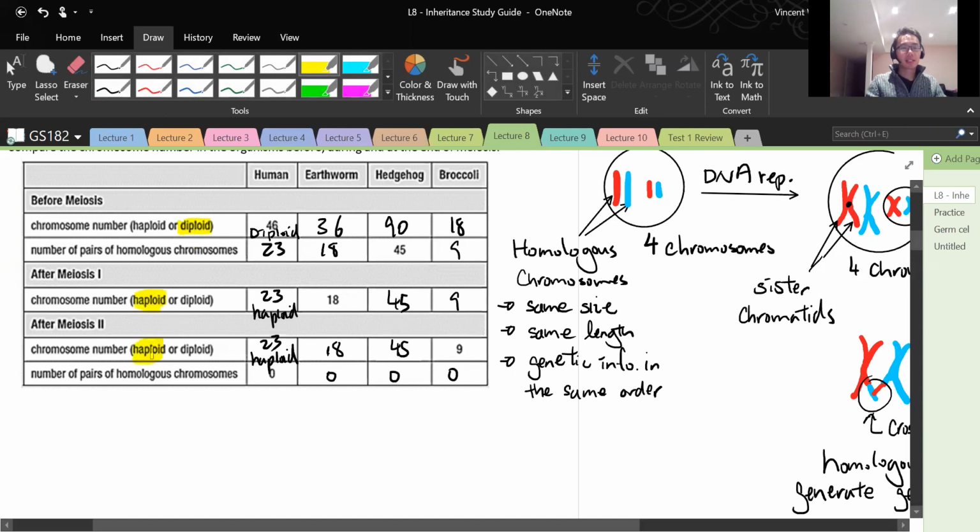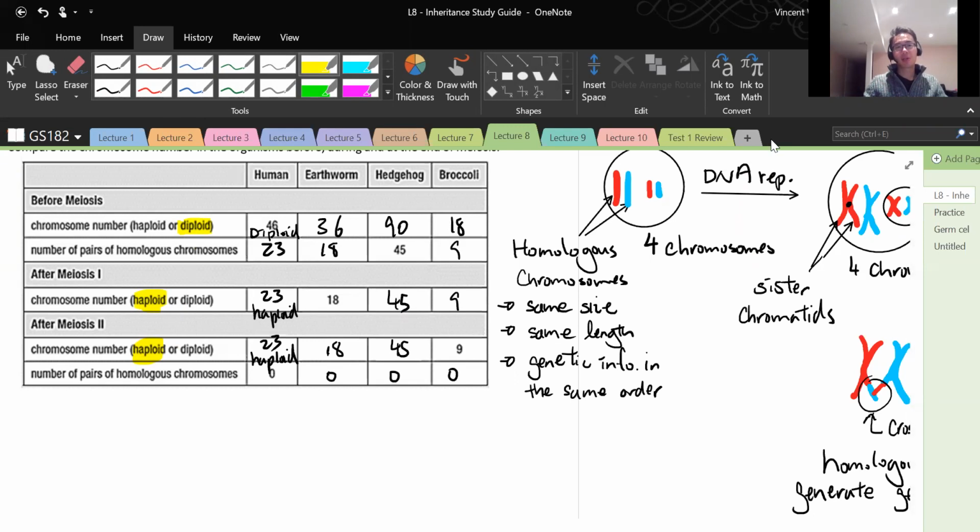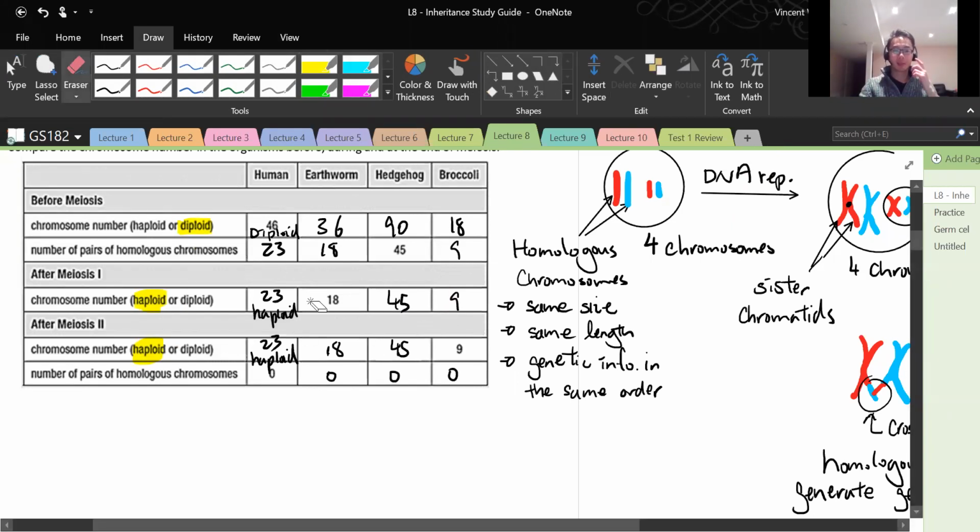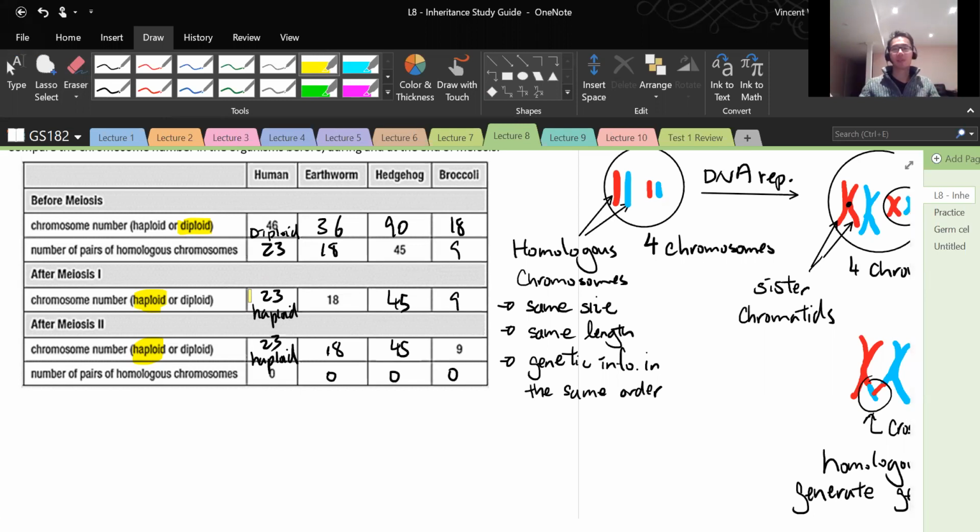Everything in the original is diploid. Everything else afterwards is haploid. In order for meiosis to take place, the starting number of chromosomes must be an even number, because only an even number can be divided by 2 equally. If you have an organism with 7 chromosomes, you cannot have one gamete of 7.